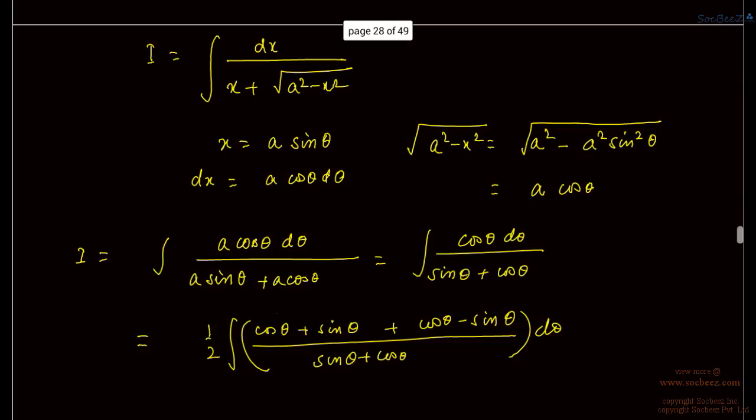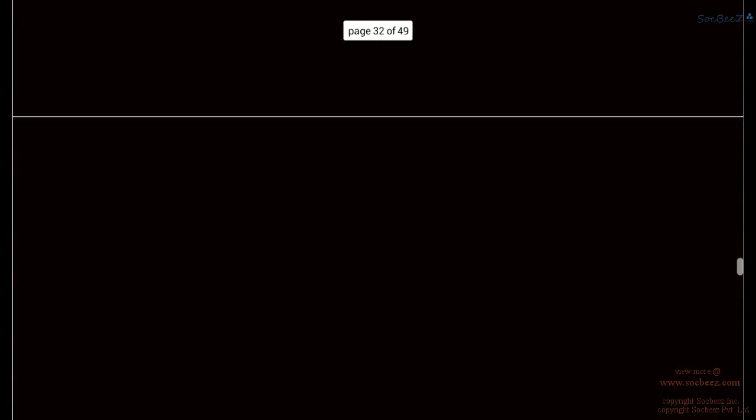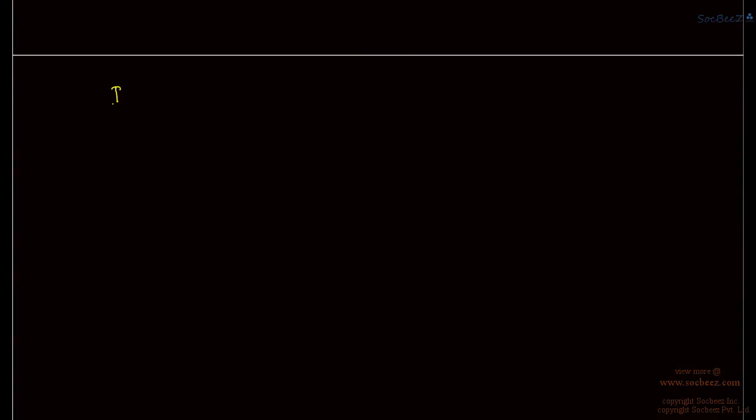Okay. Now moving to the next question. Integral of dx upon cos to the power 6 x plus sin to the power 6 x is equal to. So we have to evaluate this integral. Let us name this integral as I. We have I is equal to integral of dx upon cos x to the power 6 plus sin x to the power 6.